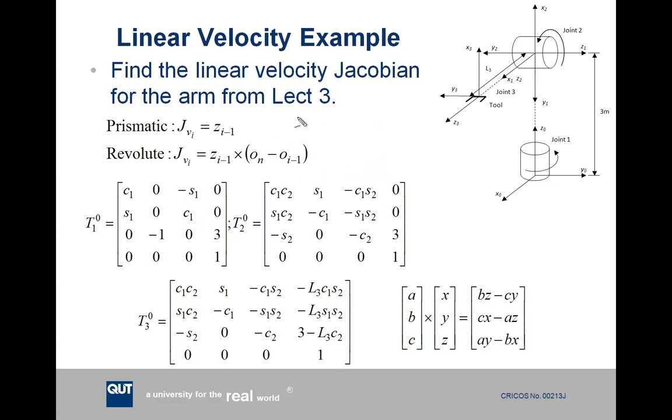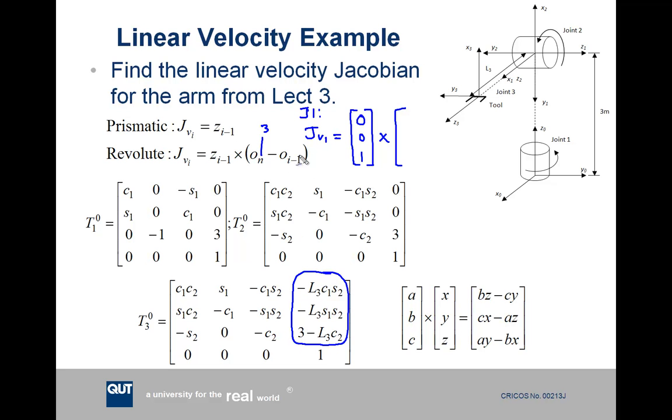So for joint 1, I'm just going to scribble it on here. It's a Revolute joint, so J V1 equals z i minus 1. z i minus 1 is z0 in this case. z0 is always just 0, 0, 1. And this is multiplied by the cross product of O N and O i minus 1. O N is O3 because the tool point is in reference frame 3, so O N is going to be this part.